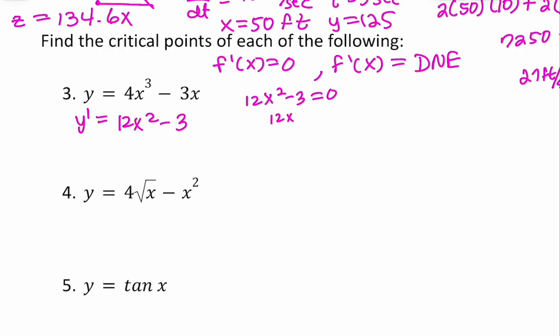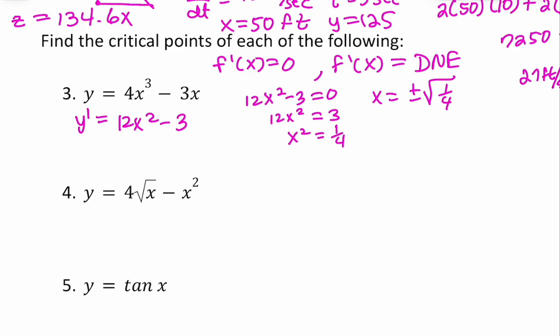If you take the 3 to the other side and divide off the 12, we can just do the square root of 1/4. Another hint, please make sure when you take a square root of anything and you have isolated the squared term, you have to put a plus or minus sign or you're missing half of your stuff.